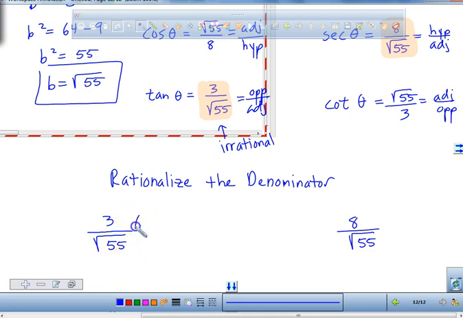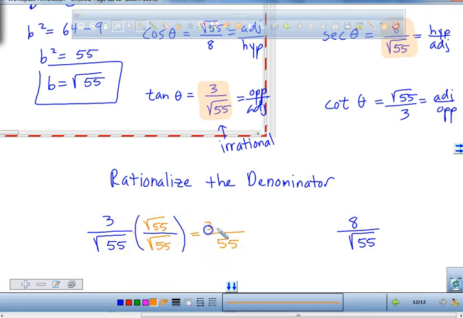Alright? However, if you wanted to make that a rational number, all you have to do is whatever's inside the radical, just multiply the denominator and the numerator by that exact same radical. Radical 55 times radical 55 becomes just the number 55, which goes from irrational to something that is totally rational.